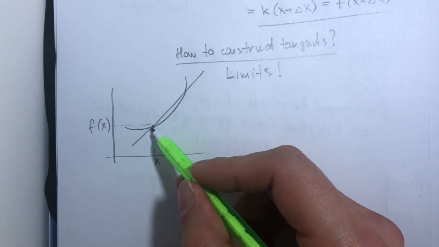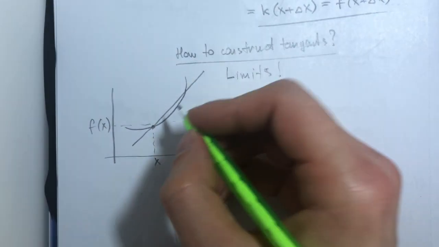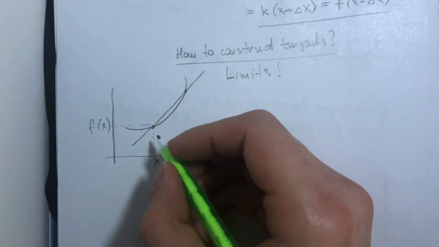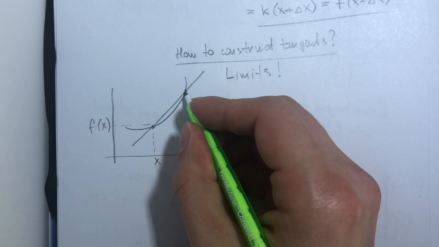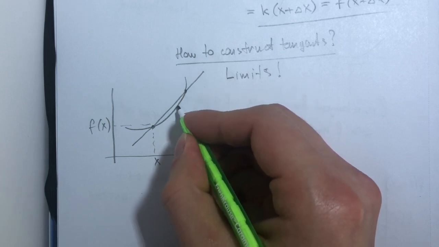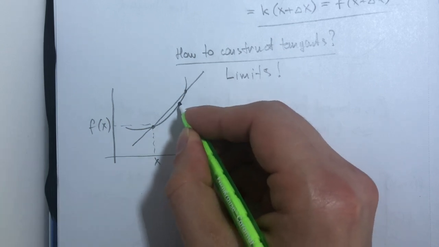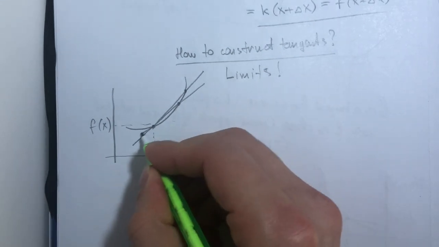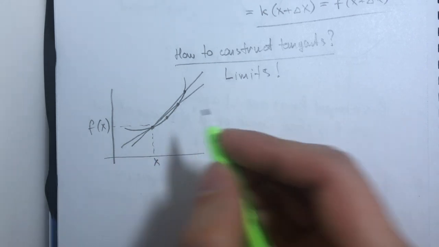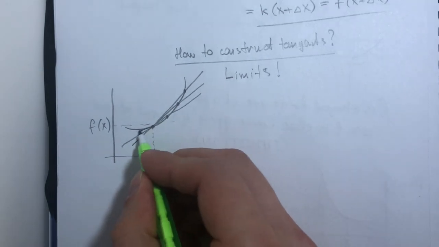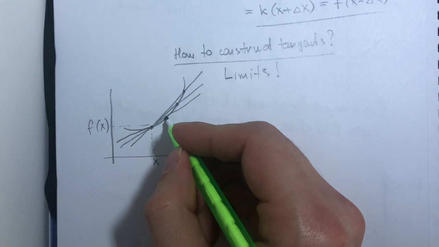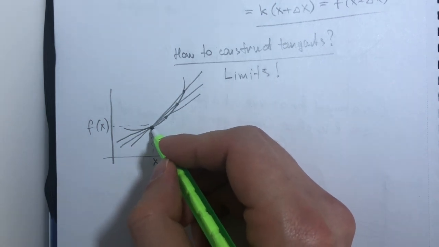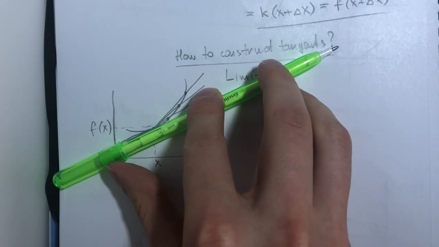But what is easy to construct are secant lines, right? We just draw lines that have more than one intersection with our curve, but then we move this point closer and closer to x. So we have this point here, draw another secant line, and then make it even closer, another secant line, and we want our tangent to be the limit of all these secant lines, right?